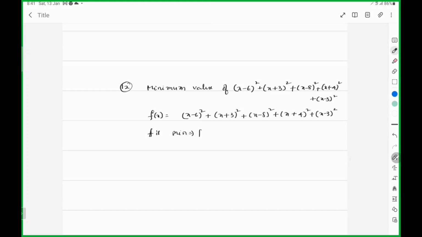F dash x is 0. That is 2 times, here 5x is equal to 6 minus 3 plus 8.